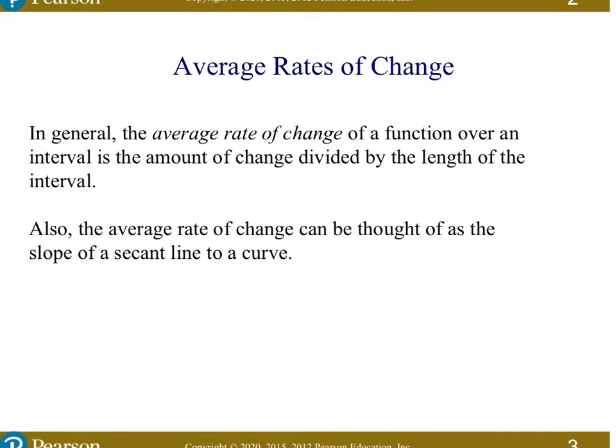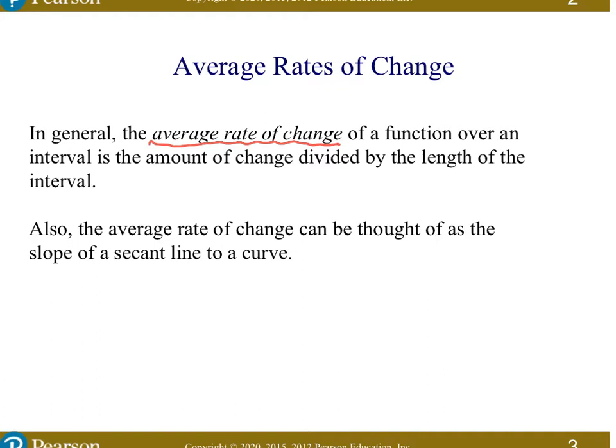In general, the average rate of change of a function over an interval is the amount of change divided by the length of the interval. The amount of change divided by the length of the interval.